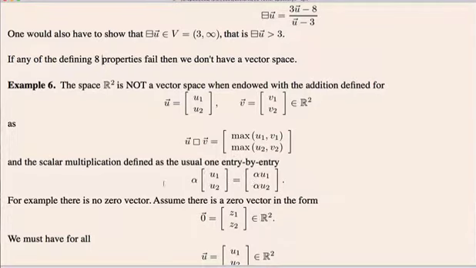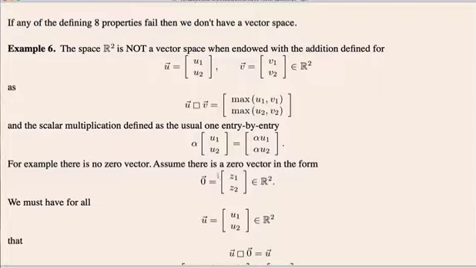One can check several things that fail from the 8 properties. One is enough. If one fails, for example, we can show that there is no 0 vector. So we're supposed to have a 0 vector in a vector space, and when we add it to any other vector, it's supposed to give just the vector itself.